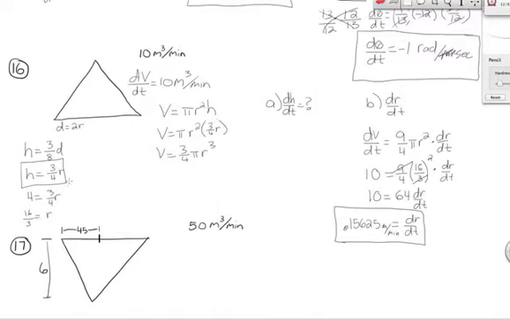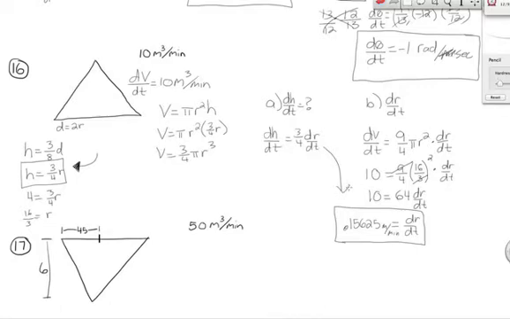And if we come over to this equation that we used to convert, notice it relates h and r. So I should be able to take the derivative of this equation: dh/dt equals 3/4 of dr/dt. I'm looking for dh/dt, so all I need to know is dr/dt, and I just found it.